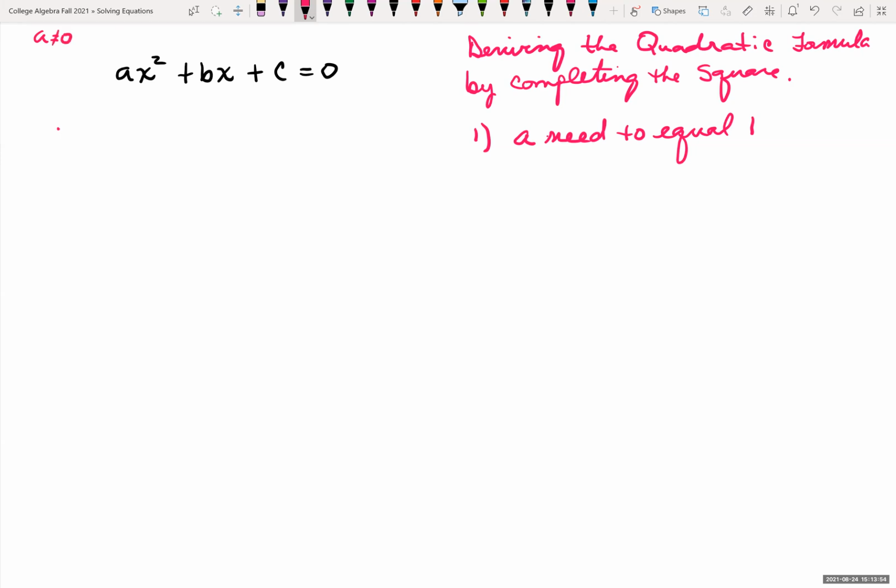And I don't know if that coefficient is 1 or not, but we can make it a 1 by dividing all terms by a. So if a is not 1, we're going to divide every single term on both sides of the equation by a.